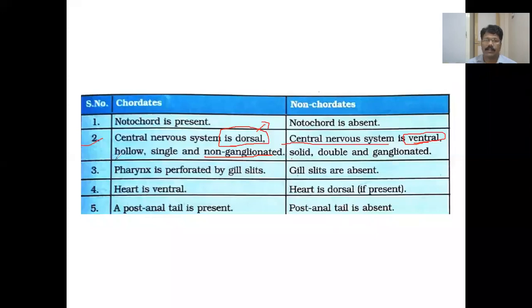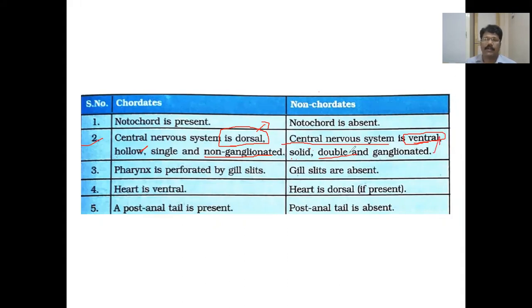In case of chordates, it is hollow. And in non-chordates it is double, that means two in structure, and it is ganglionated.